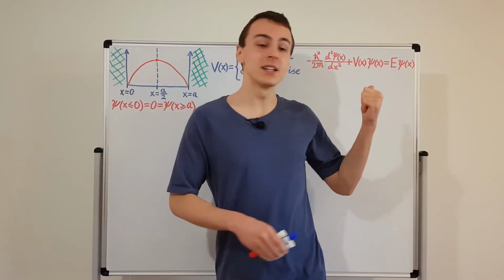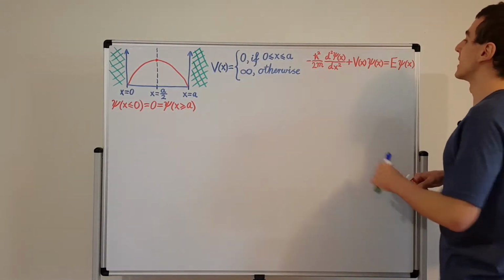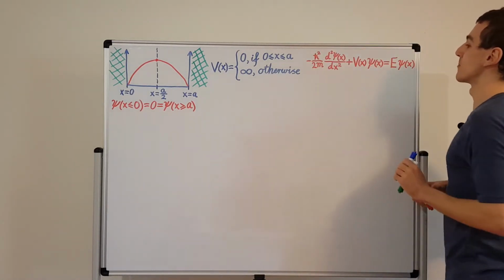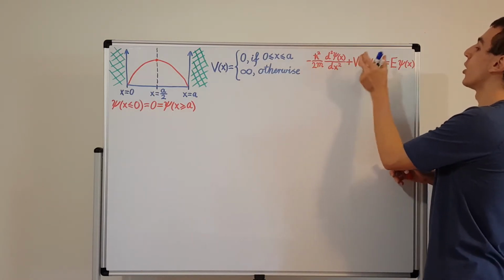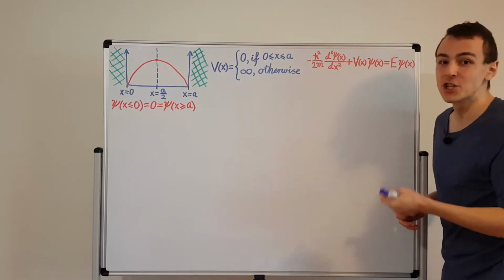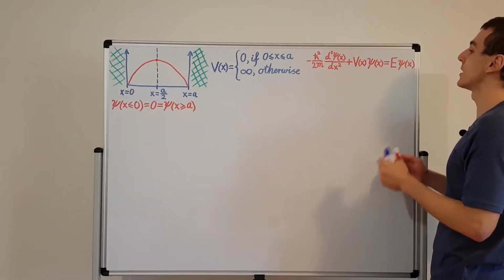So let's go back to the time-independent Schrodinger equation. What can we see is a simplification that we can find in this equation? Over here we have the Hamiltonian operator acting on the eigenfunction psi. This can be thought of as a stationary state, as we've covered in some of the previous videos in the quantum mechanics playlist.